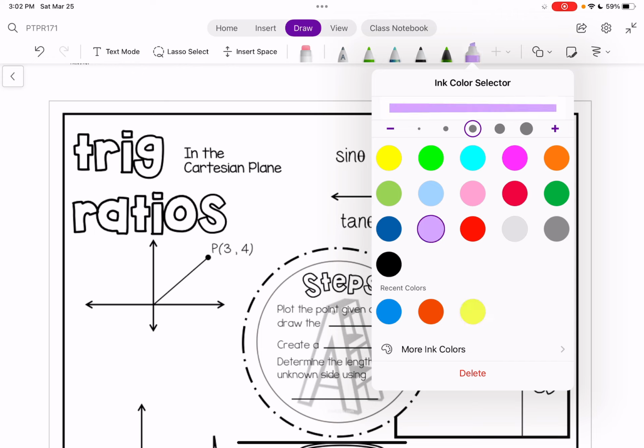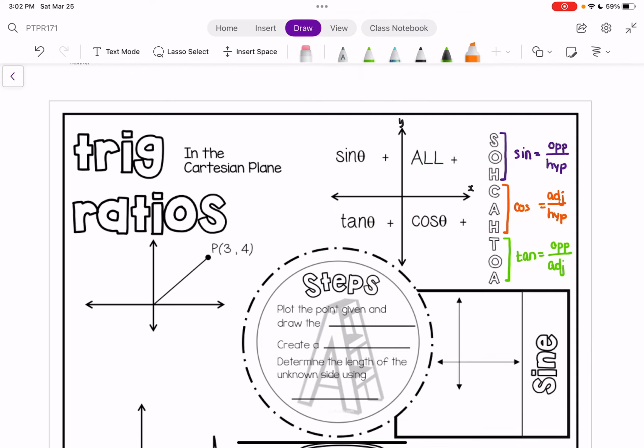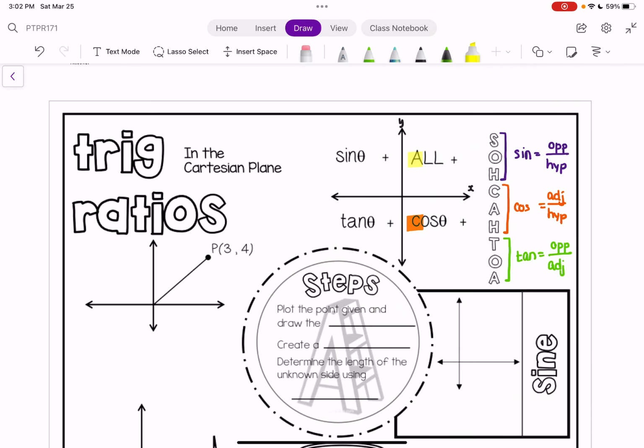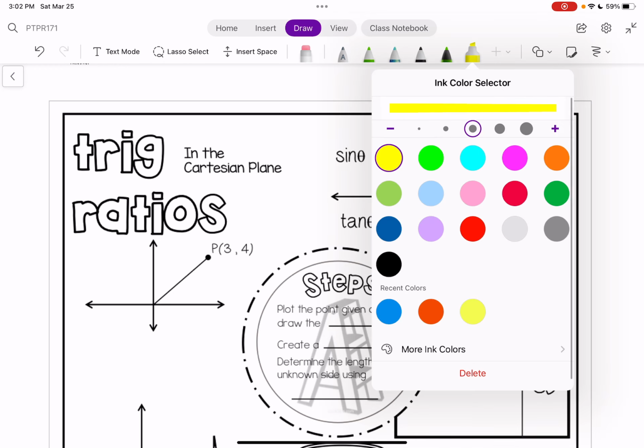So we start down at C. So you'll see now why it's called a CAST diagram. So cosine is positive there. Everything is positive in that quadrant.